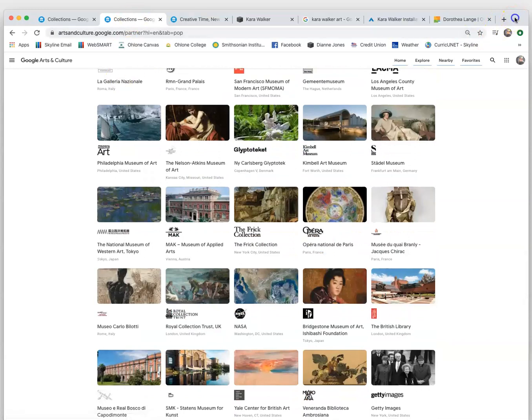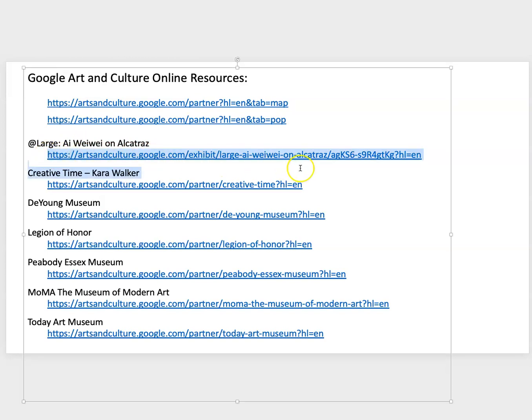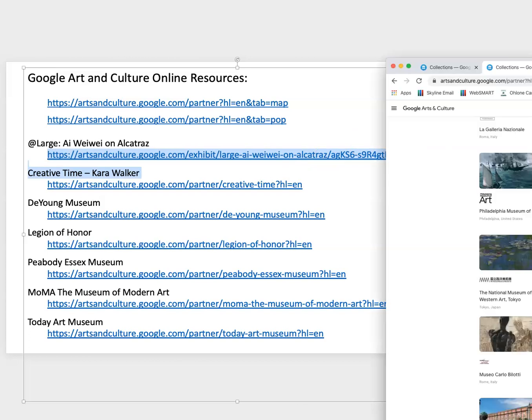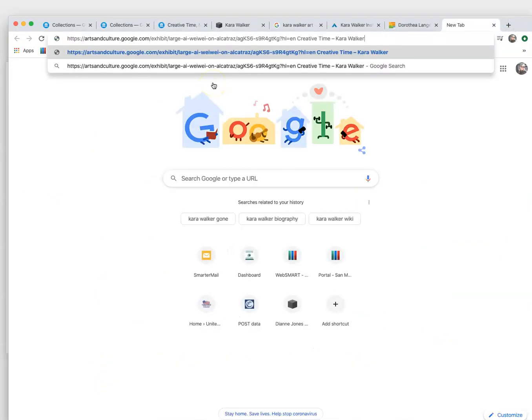What I've done here is I started the process for you. These are all links that would take you to, some of them are local. Ai Weiwei was an artist who did a really cool exhibition on Alcatraz Island, and if you wanted to learn more about that, you can take that link.